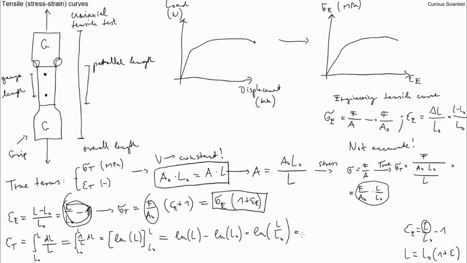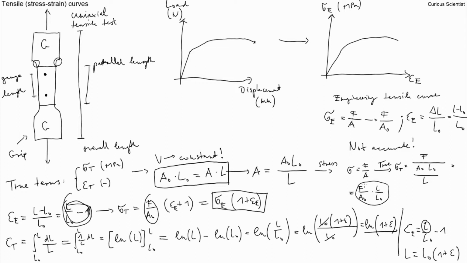So then we can continue, so ln, and then we use this term L0 times 1 plus epsilon divided by L0. Then just simply, let's make this, if you see, so this is the final result.